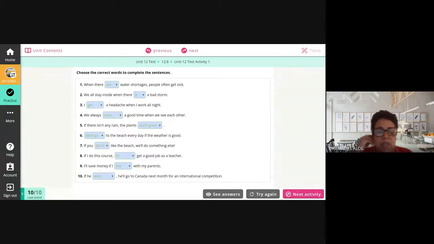So if you want, you can take a screenshot. So the exercises on your desk will be similar to the ones here, except that in your desk, you may have some multiple choices, but they will be very similar, okay?